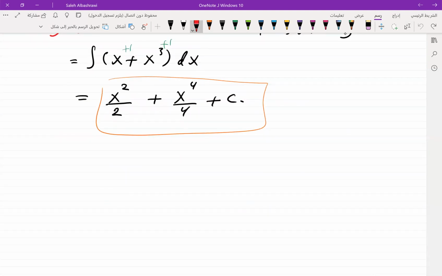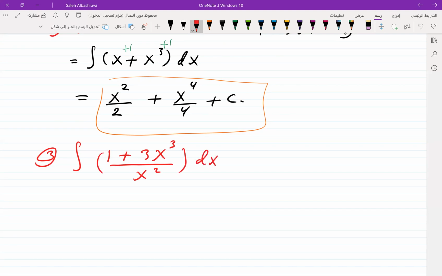Number 3. Integration of 1 plus 3x to the power 3 divided by x to the power 2 dx. We have to simplify it. This can be written as integration of x to the power minus 2.